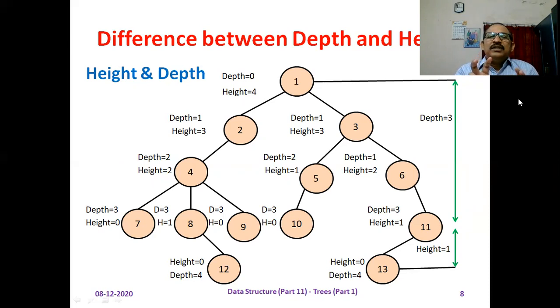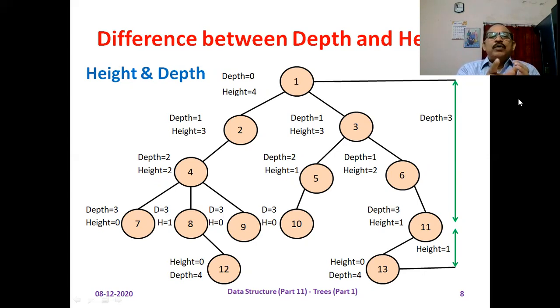The height of this tree is 4 and the depth of this tree is 4. Height and depth for a given tree should be the same value. Suppose you want to determine the depth of node 4. The depth of node 4 is 1 more than the depth of its parent, that is node 2.